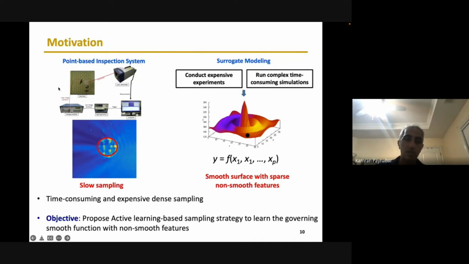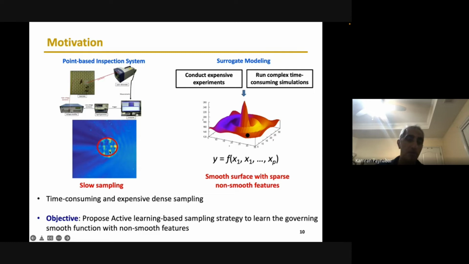He had a specimen with some excitations, and a laser on the specimen, and based on the reflection of the lasers, he could do some Fourier analysis and identify the area which is under stress. So based on that, he was able to detect defects.